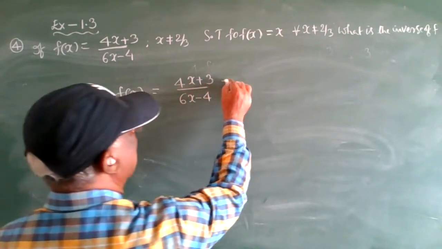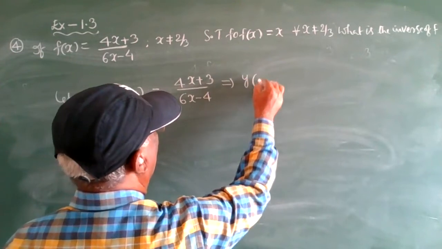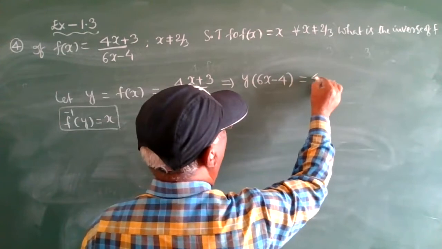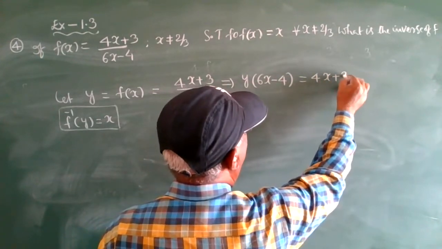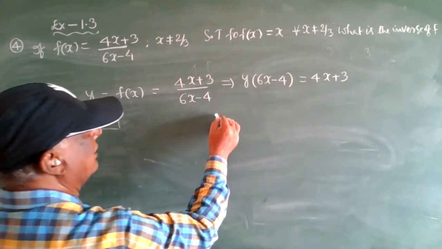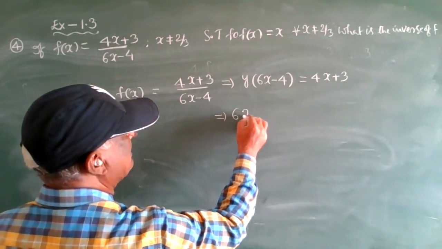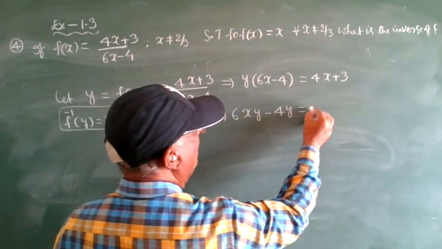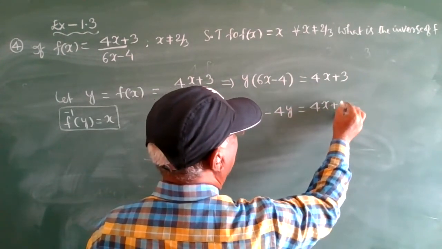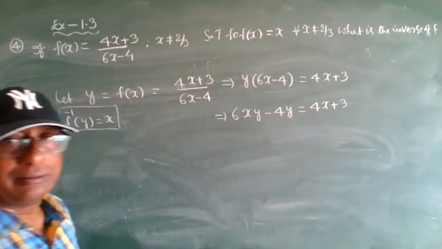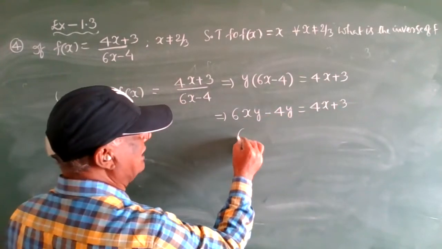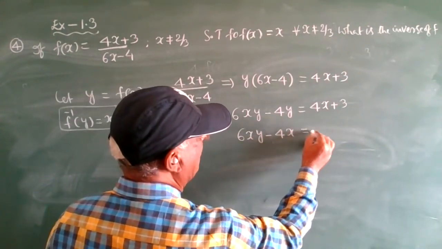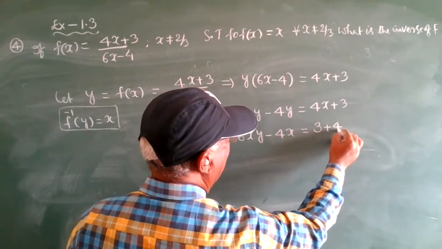Cross multiplication: y into (6x - 4) is equal to 4x + 3. So 6xy - 4y is equal to 4x + 3. Take x terms to one side and y terms to the other: 6xy - 4x is equal to 3 + 4y.